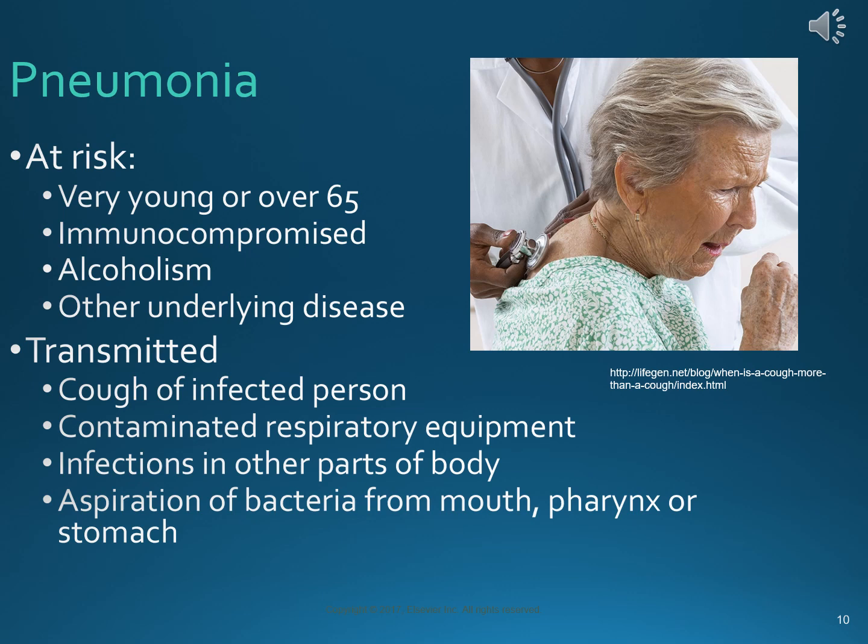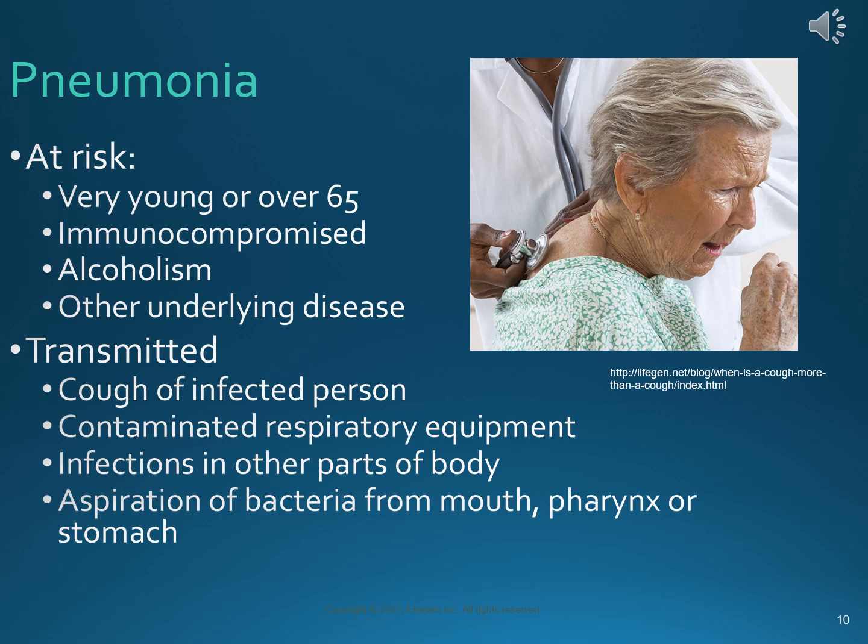So who is at risk for pneumonia? The very young are at risk, and people who are older adults over the age of 65. Immunocompromised people are at risk because someone with a normal immune system may aspirate something and their immune system can take care of it. If you're immunocompromised, your immune system won't be able to.